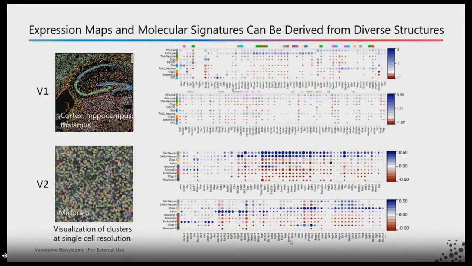And on the bottom is the molecular signatures from the V2 panel, and there you can see that right away the cluster analysis and the panel is able to discriminate a number of neuronal cell types, glutamate neurons versus GABAergic interneurons, a couple of oligodendrocyte classes, astrocytes, as well as microglia, endothelial, and another couple of subclasses of oligodendrocyte and neurons.